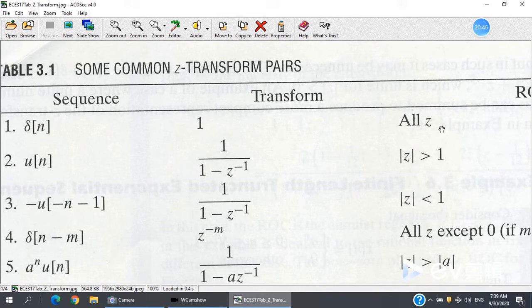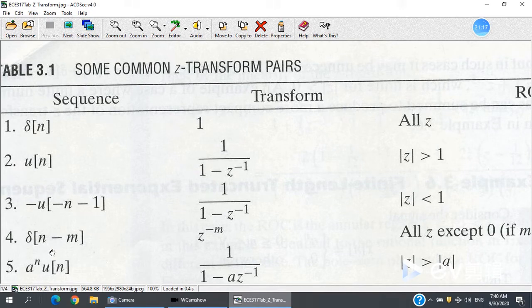It looks like this. This is n, and m is here, where n equals m. n is for time, and m is a fixed number, the shift. All the rest will be zeros.